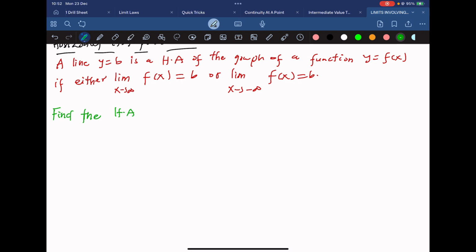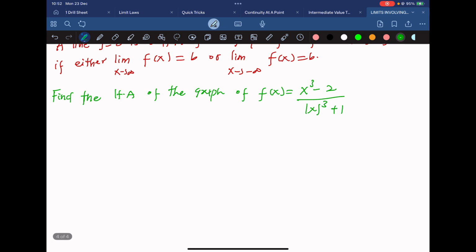Find the horizontal asymptote of the graph of f of x is equal to x cubed minus 2 out of the absolute of x cubed plus 1. So in this case, let's first of all find the limit as x approaches plus infinity.